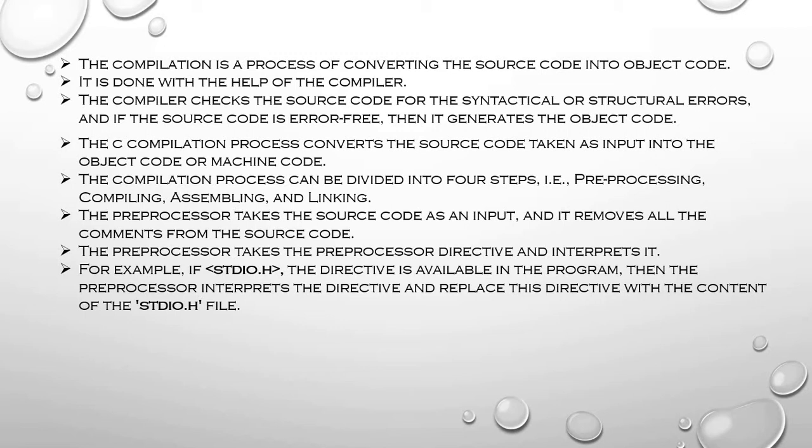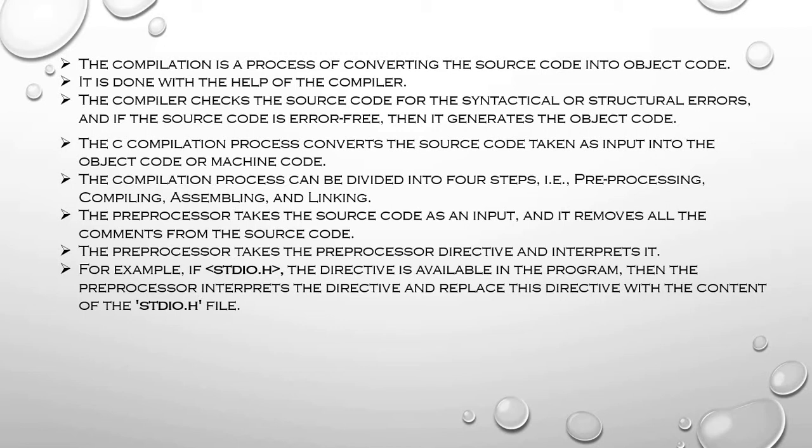The C compilation process converts the source code, taken as an input, into the object code or machine code. So this is also called machine code. The compilation process can be divided into 4 steps. First step is pre-processing. Next one is compiling. After that, assembling, and the last one is linking.